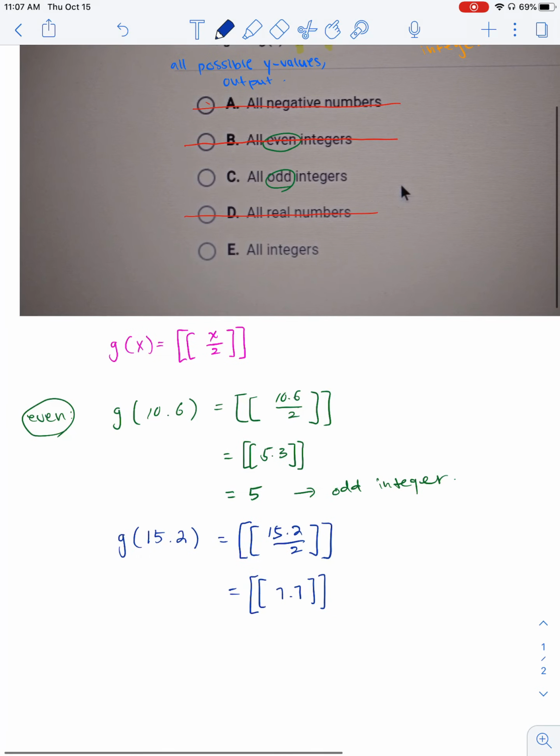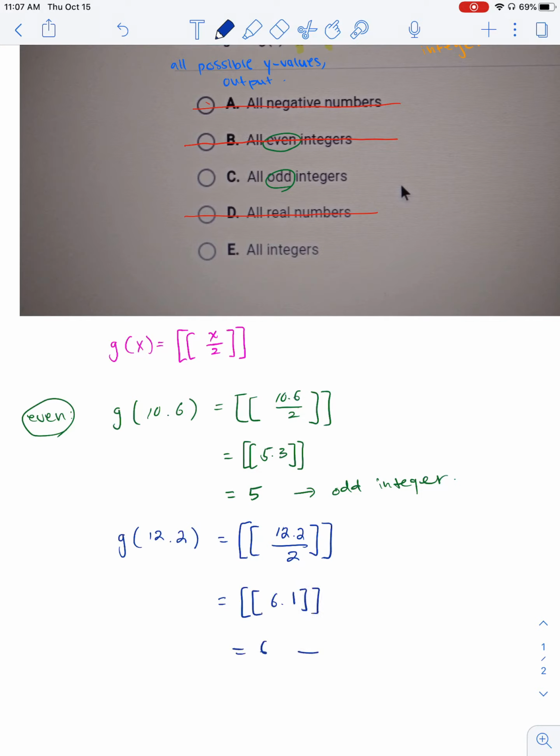It'd be 7.7, and you'll notice, once again, it'll round down. Oh, let me try getting an even number. 12.2 divided by 2 is 6.1, so 6. This time it's an even integer.